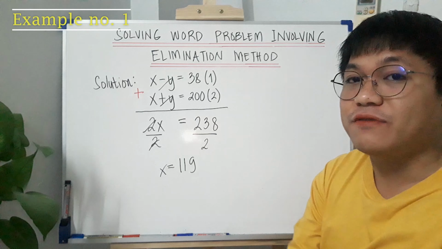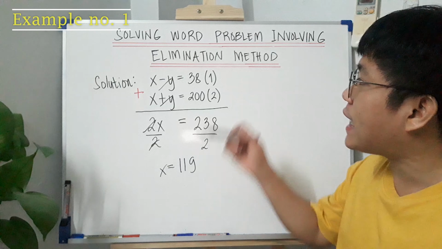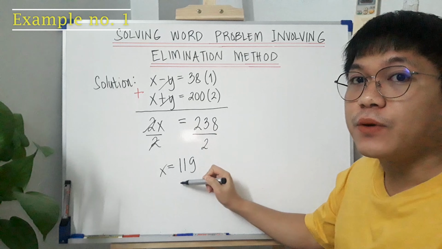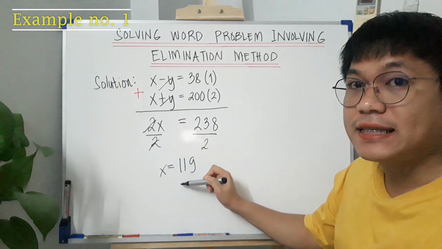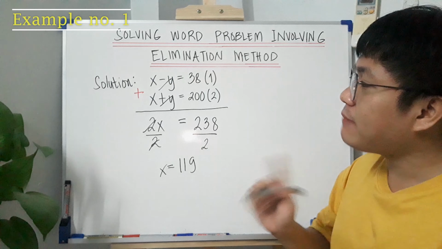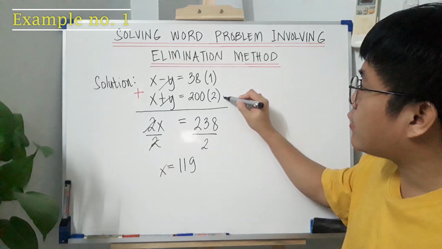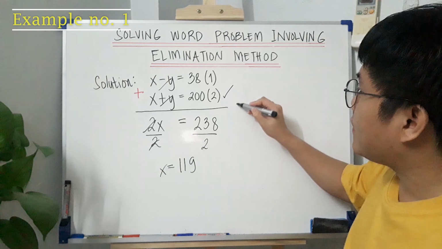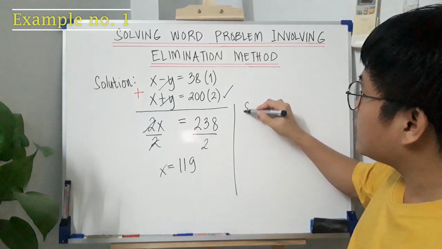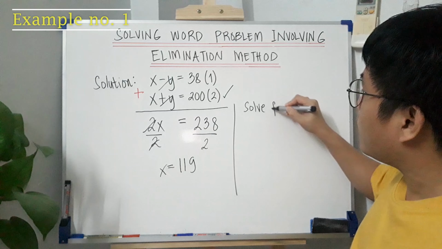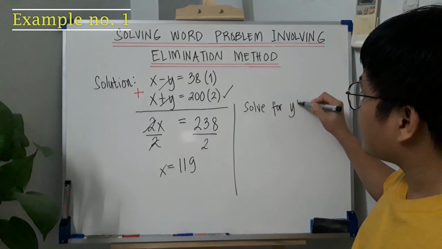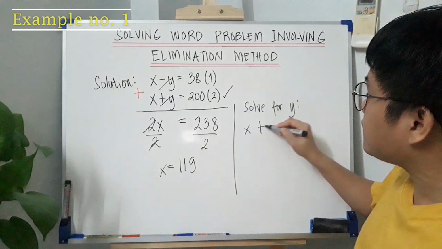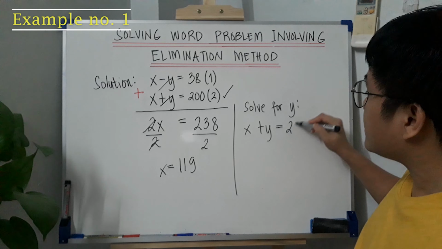To solve for the variable y, we are going to choose either equation 1 or equation 2 to substitute our x, which is 119. In my case, for example, I will choose equation number 2 to solve for the variable y. So we have here, solve for y, and I will choose equation number 2, that is x plus y equals 200.